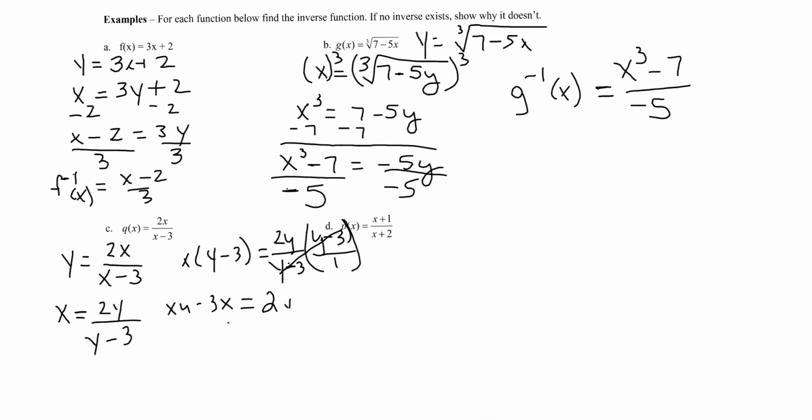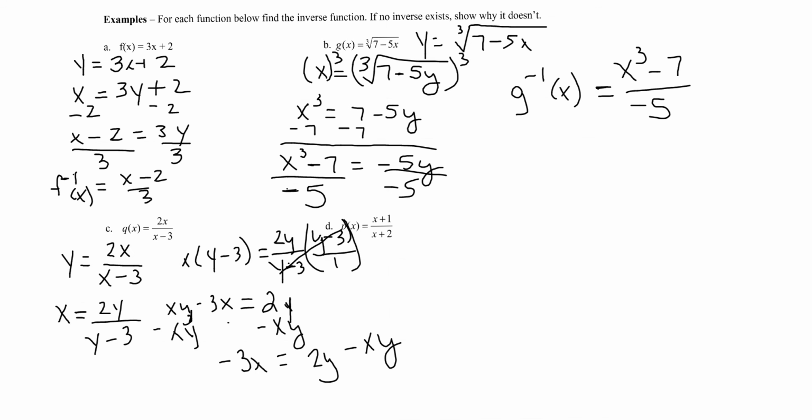So after I distributed, I have minus xy. So what I want to do is move that over to where the y is, because we're solving for y. So right now, this is what I have. I have negative 3x equals 2y minus xy.